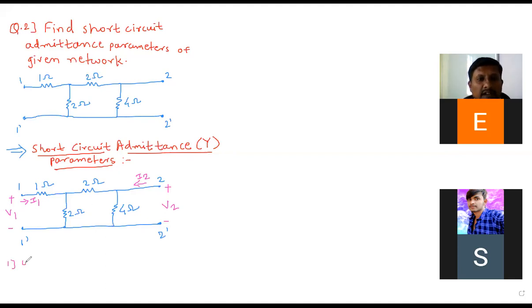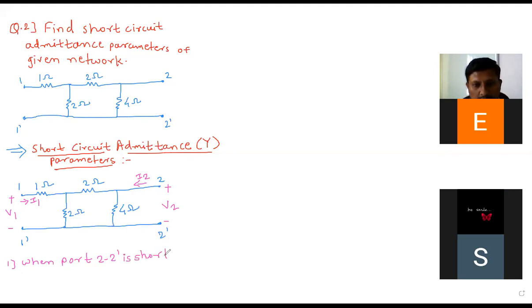First, when port 2 dash is shorted, that is V2 equal to 0. Port second short means V2 equal to 0. The equations we have not written here, so you can write the equations also.